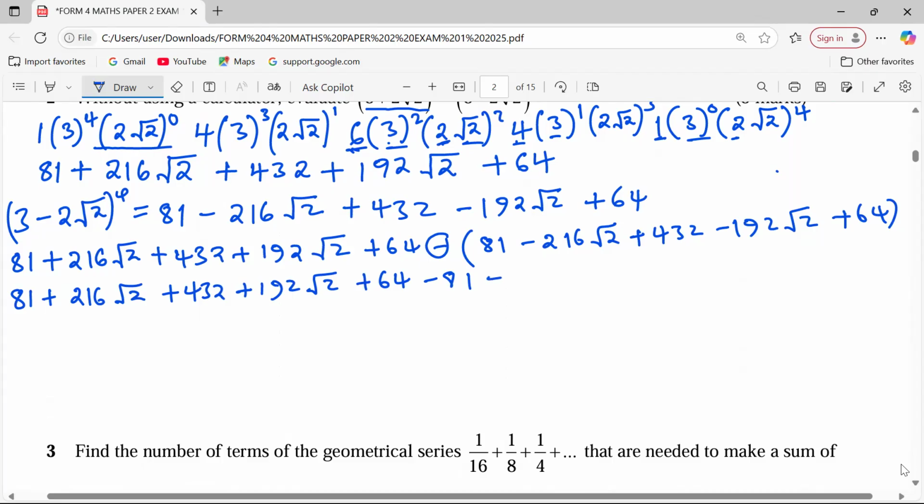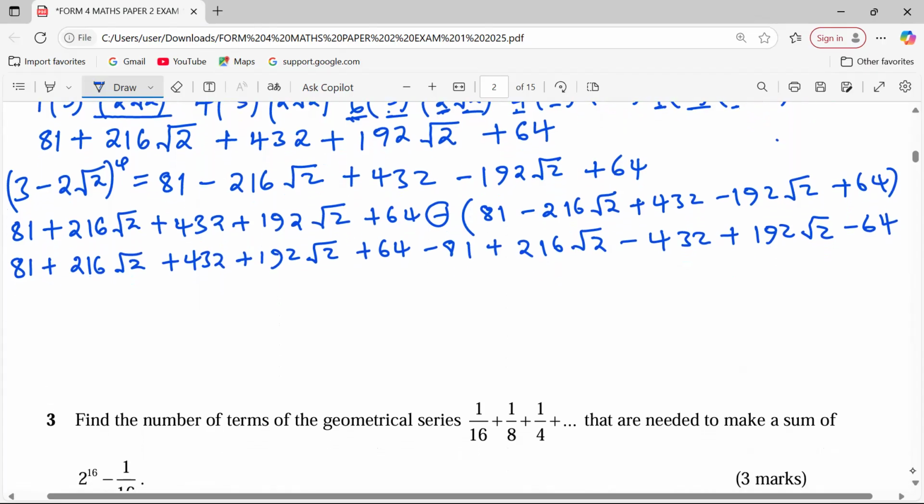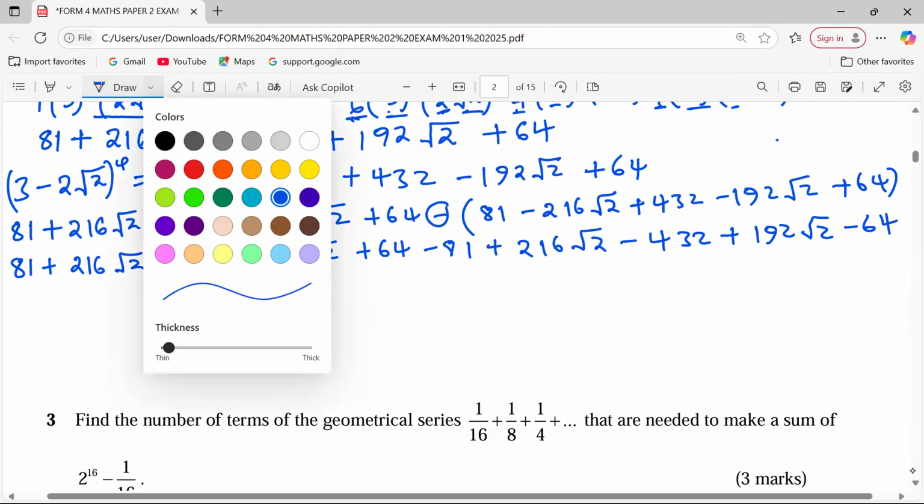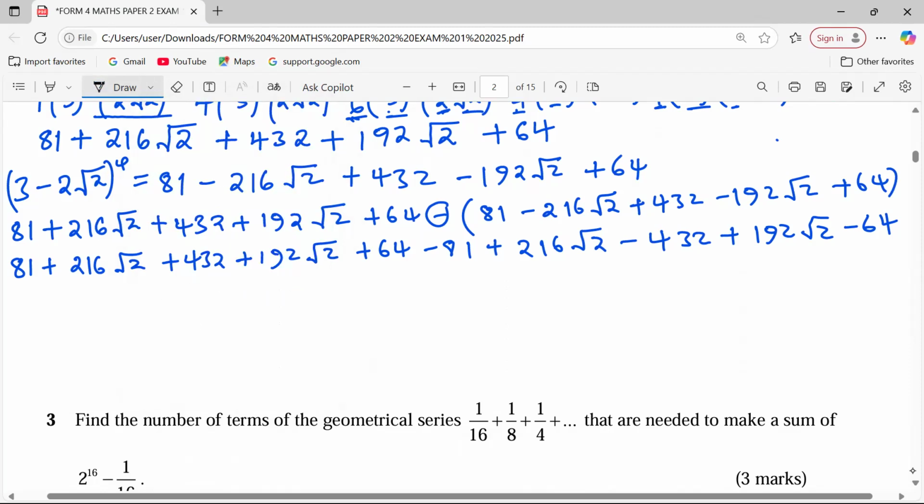Then this now becomes a plus 216, the root of 2, minus 432, plus 192, the root of 2, then minus 64. That is how the signs shall be changing. I want you to understand that this is a very involving paper and it needs a lot of attention. So please make sure that you are following carefully.